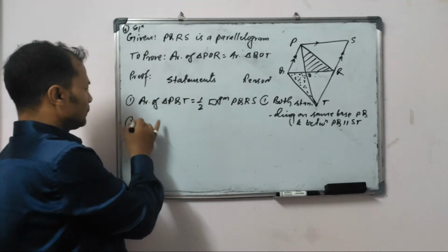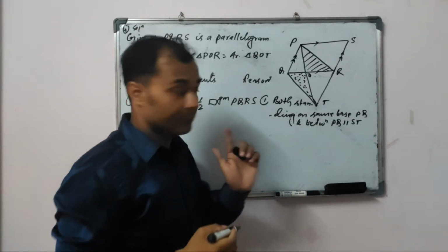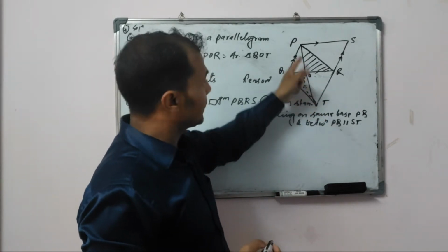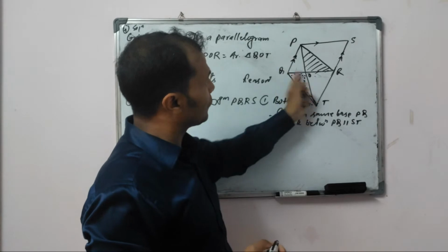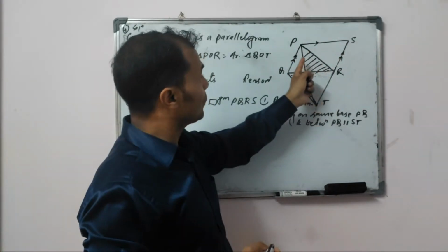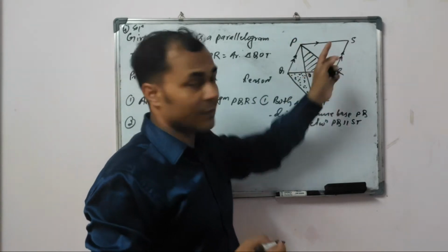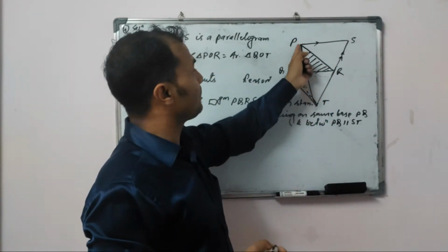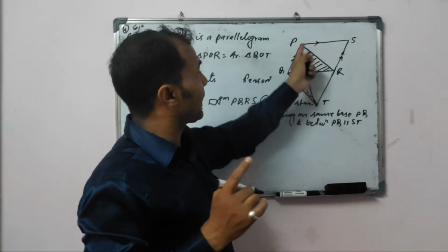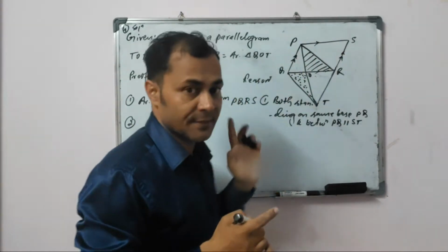Number 2. Now look here again. Triangle PQR. Just forget this. See, this is a diagonal, right? In this parallelogram PQRS, PR is a diagonal. So obviously this diagonal divides the parallelogram into two equal halves. It means triangle PQR is half of parallelogram PQRS.